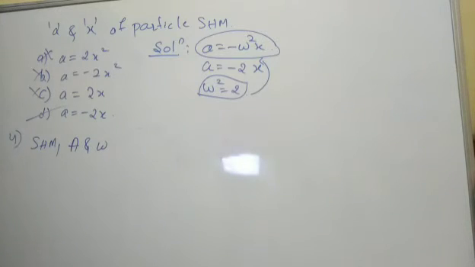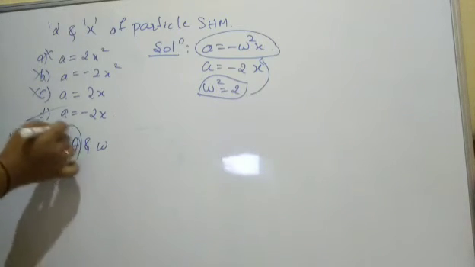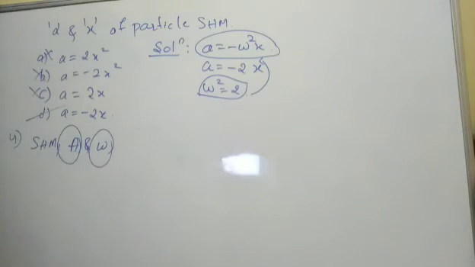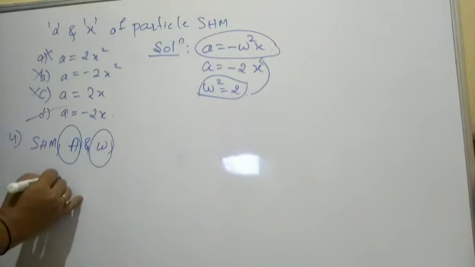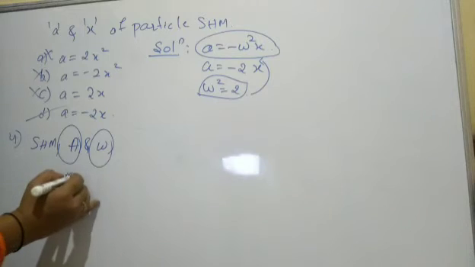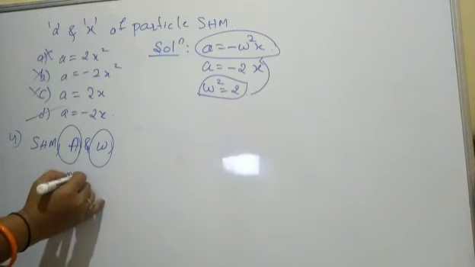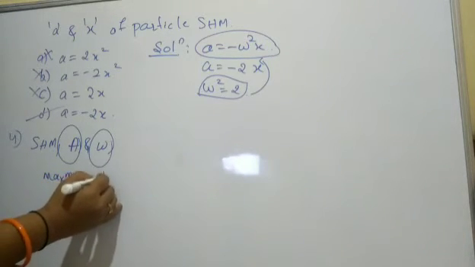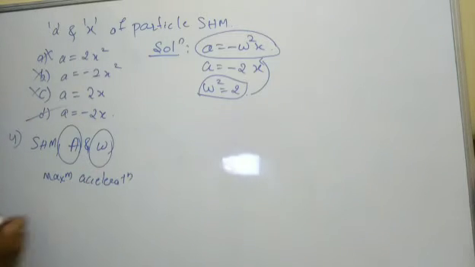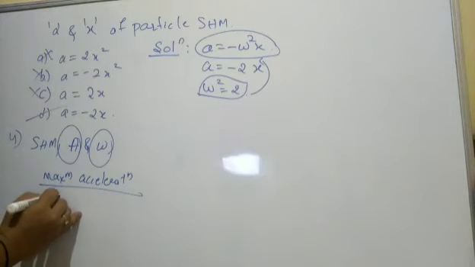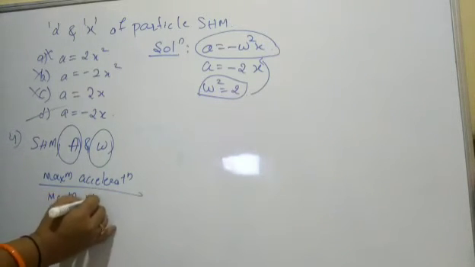So they are asking, for a particle executing simple harmonic motion with amplitude and angular frequency, the ratio of maximum acceleration and the maximum velocity.